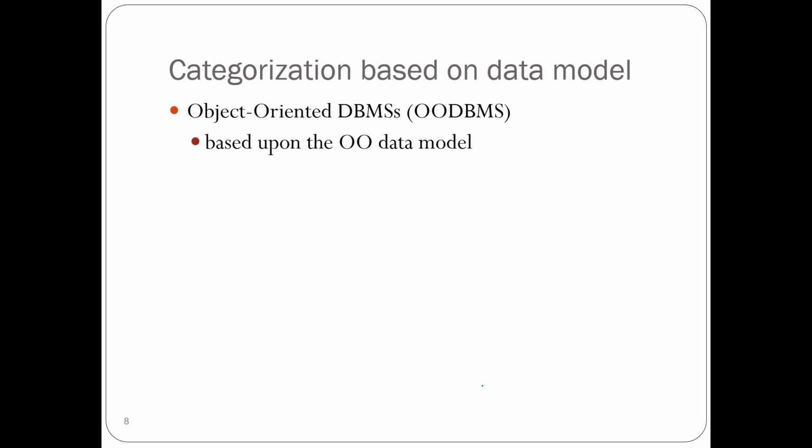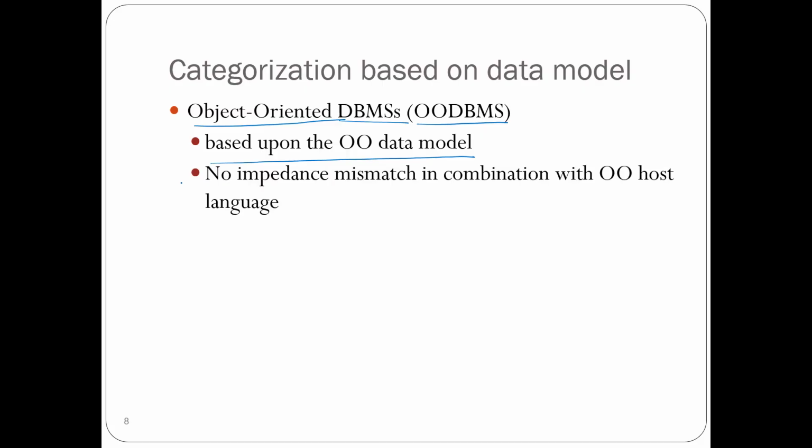Now let's move on to another class of DBMS, which is based on the object-oriented data model. These are called object-oriented DBMS, or OODBMS. Because of the object-oriented nature of these DBMS, we don't have impedance mismatch.